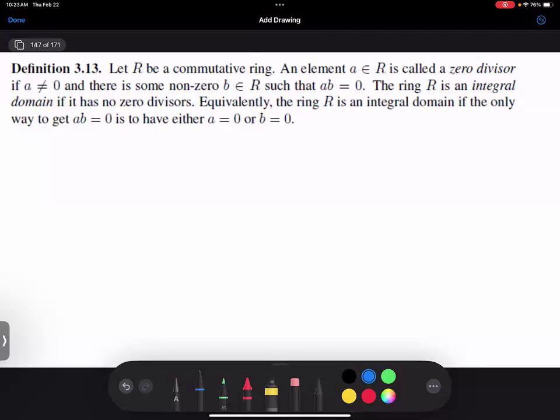If we take B equals 0, then A times 0 is 0. So if the definition of a zero divisor just said that there is some B such that A times B equals 0, just take B equals 0, and we would see that if this was the definition, every element is a zero divisor. If every element is a zero divisor, is this a useful concept?